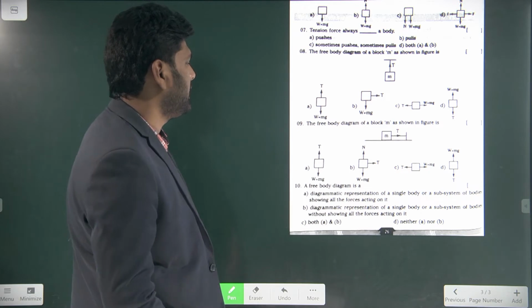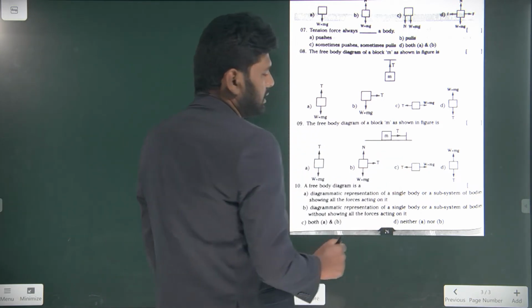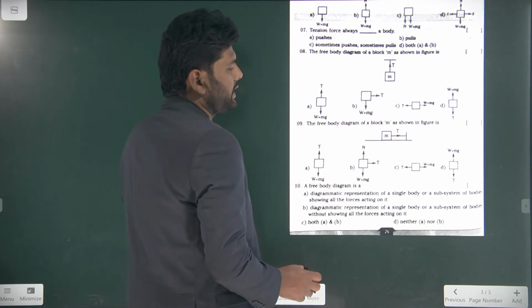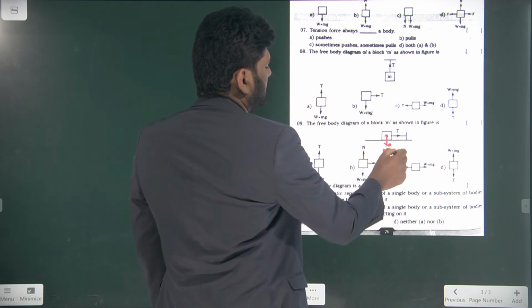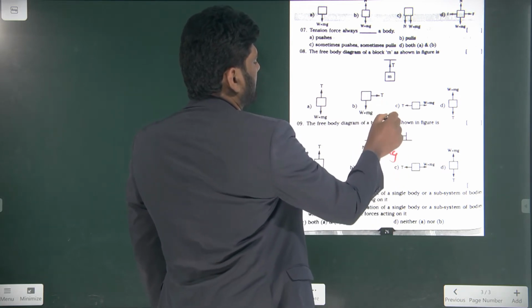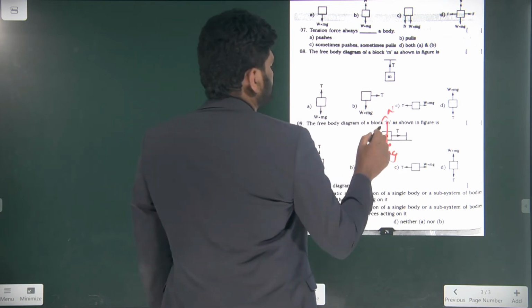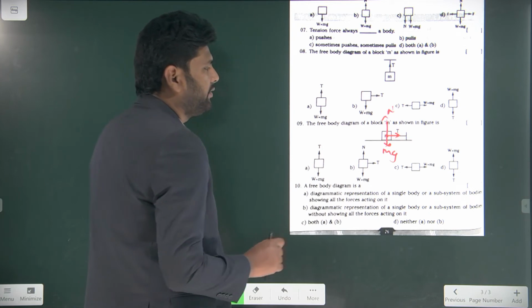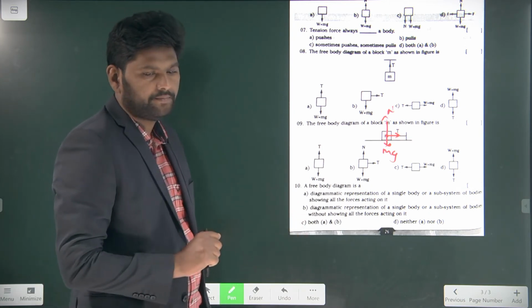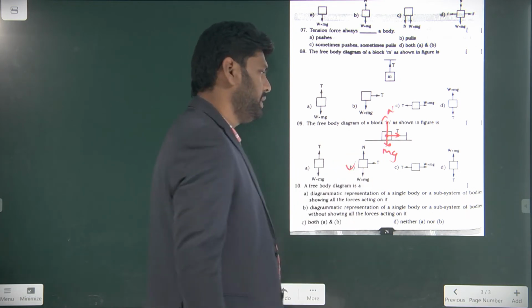What are the forces acting? Surely, weight will act downward. Normal reaction acts upward. But it is tied with a string, so the string force also acts in this direction. Totally 3 forces. So what is the option here? Surely option B is the correct answer.